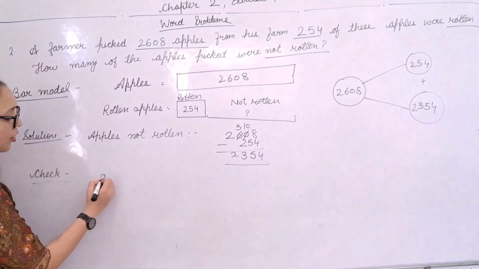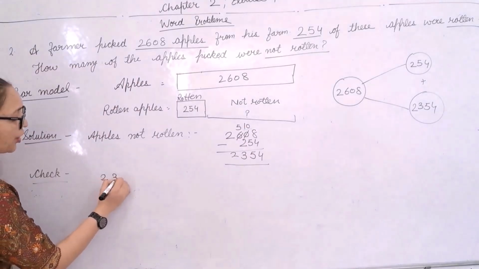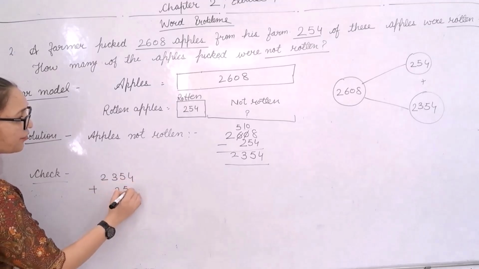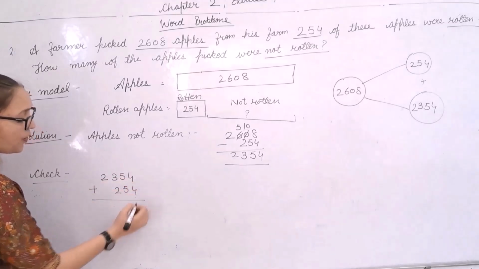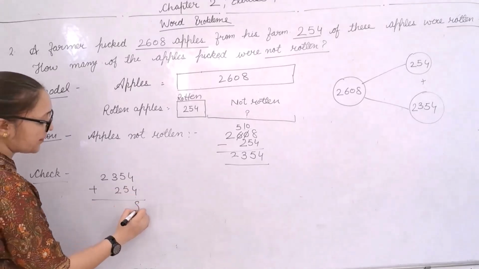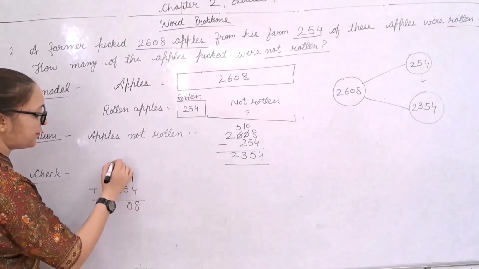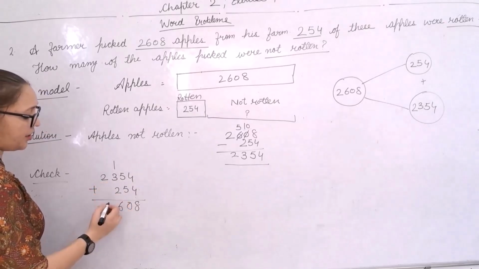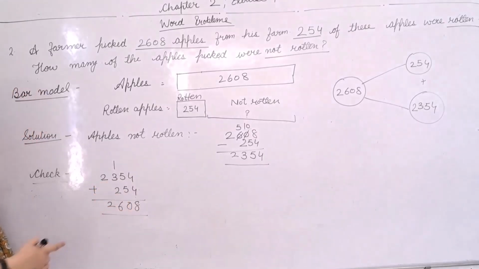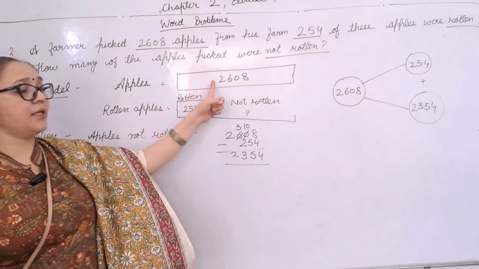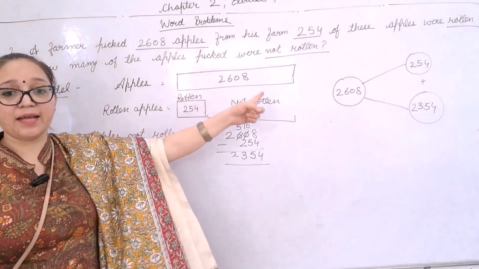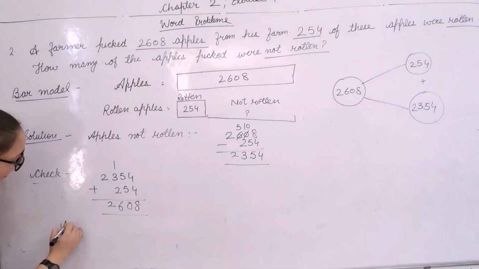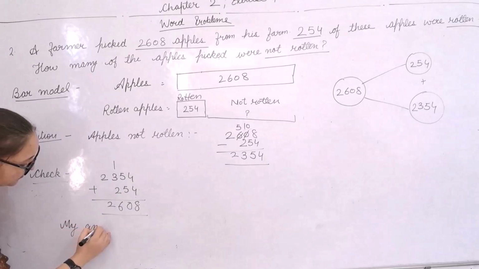Let's do it. 2,354 plus 254. 4 plus 4. 5 plus 5. 1 is carried over. 6. And here 2. So the number is the same, 2,608, and here also 2,608. So your answer is correct? Yes. My answer is correct.